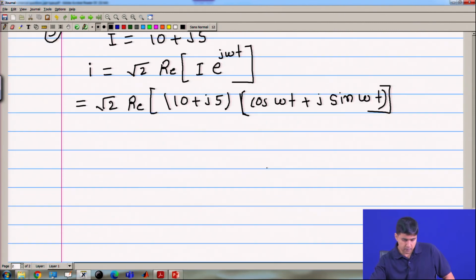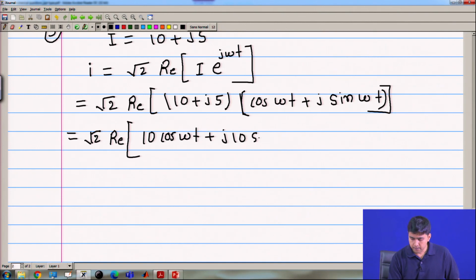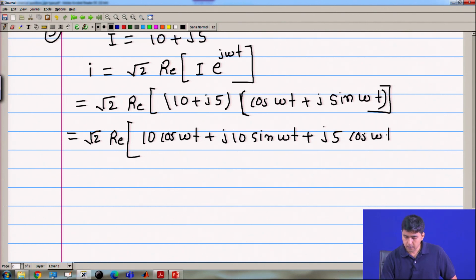So, let us do one, then we will do the shortcut. Root 2 real part of, we are multiplying: 10 cos omega t plus j10 sin omega t plus j5 cos omega t, j square into j square, it will be minus 5 sin omega t.